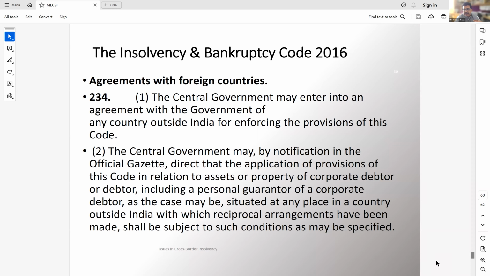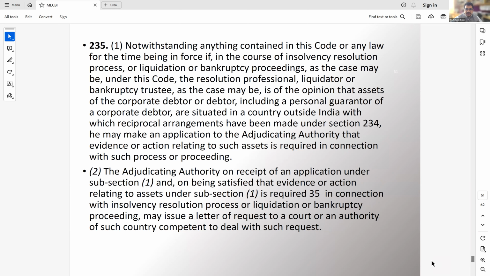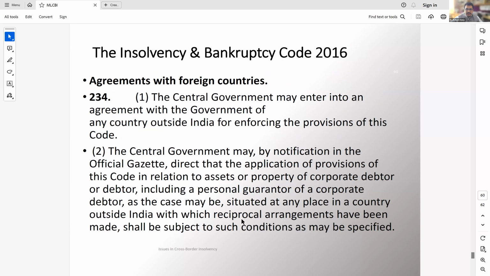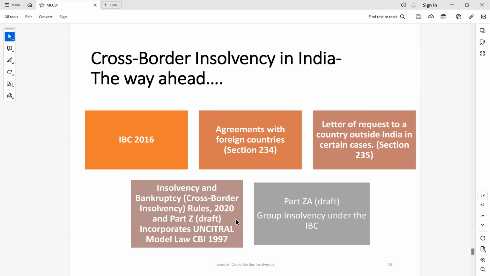There can be n number of requests, and this is not feasible. So it has not been resorted to. With how many countries do we have such an arrangement? Some letters of request have gone. I don't think with any country. Okay.